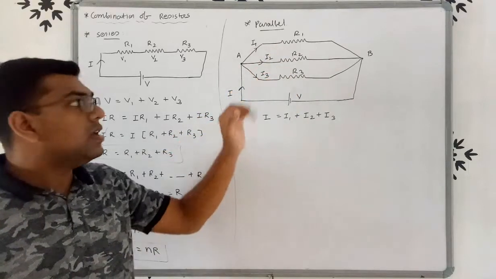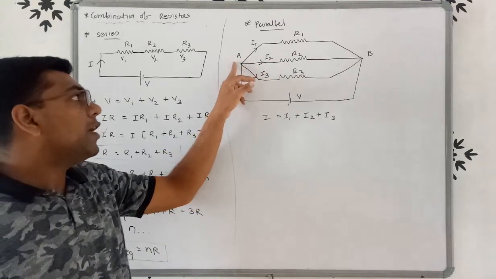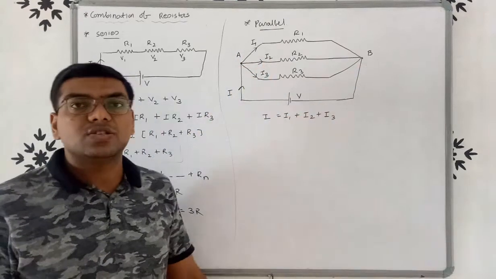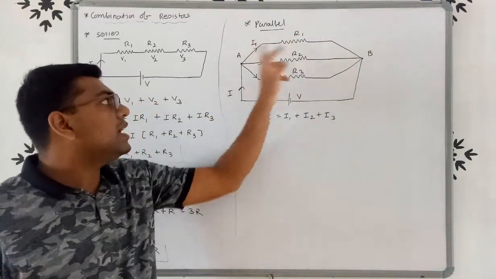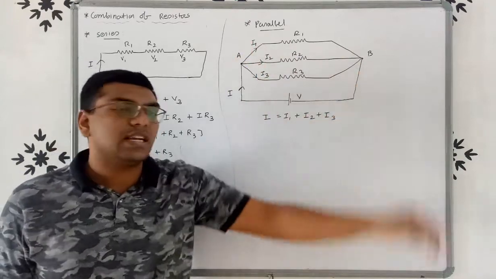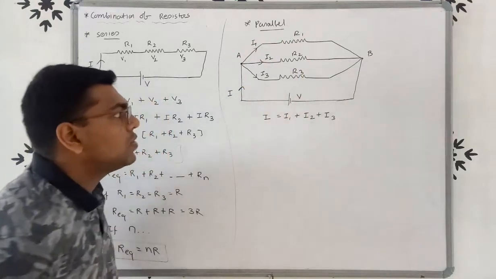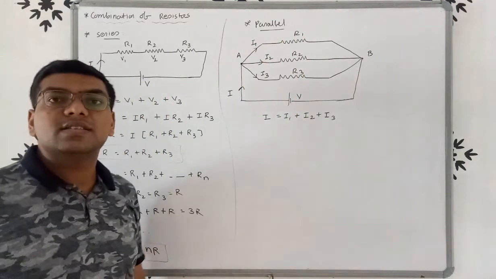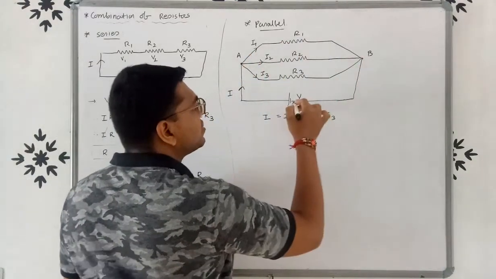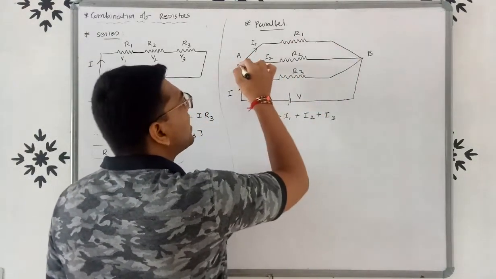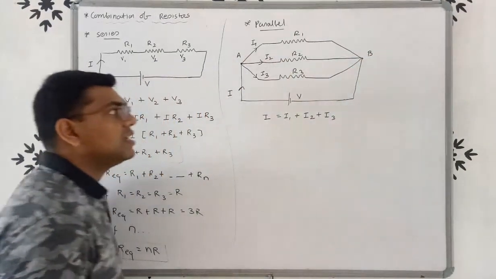If we want to go from point A to point B, there are three paths: the first one is A R1 B, the second one is A R2 B, and the third one is A R3 B. So the potential will remain the same, because if the path is A R1 B, V is applied across this, and if the path is A R2 B, then for A R2 B the potential is V.